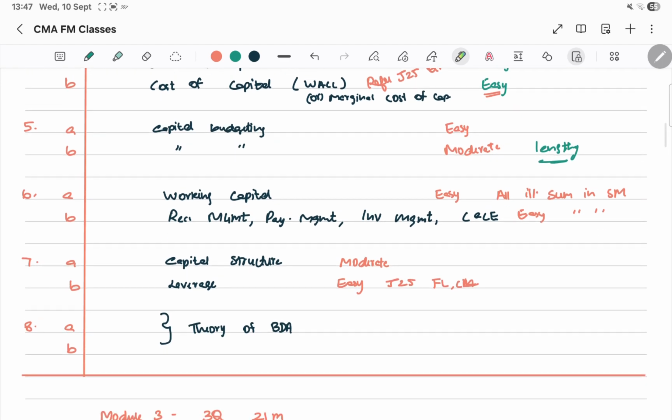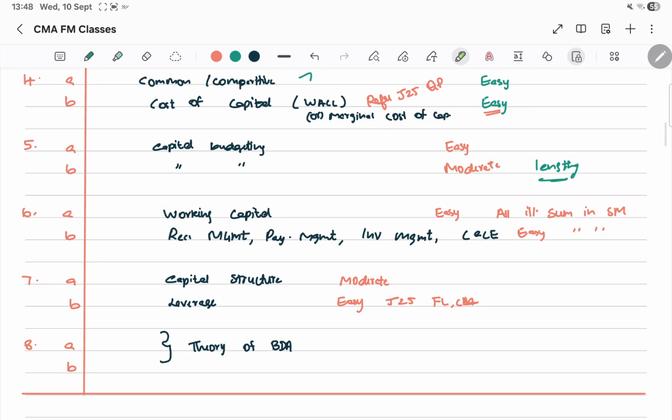Okay, and now getting back to question 6A. 6A is your working capital. Estimation of working capital is the one question that is asked in all the previous year question papers. Sometimes there is a possibility of asking operating cycle also, but prepare mostly estimation of working capital.